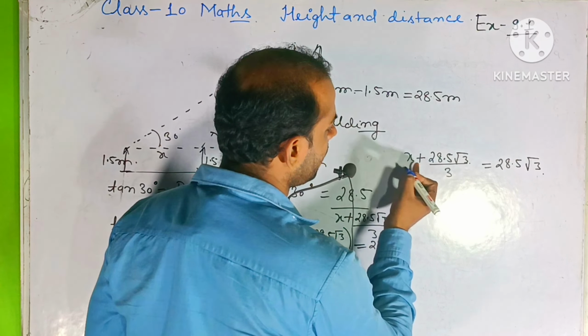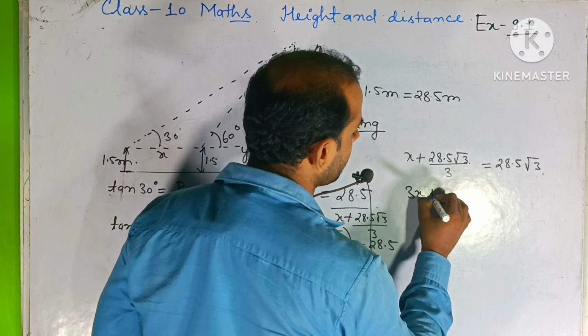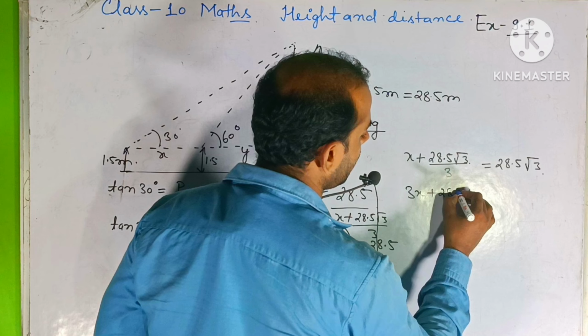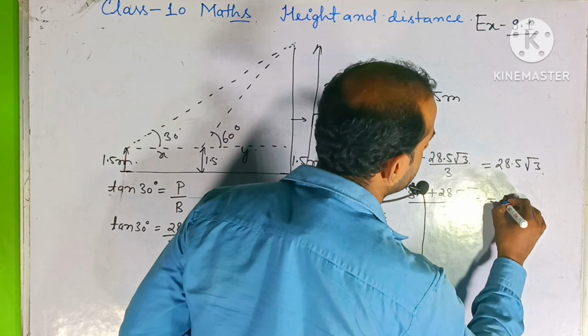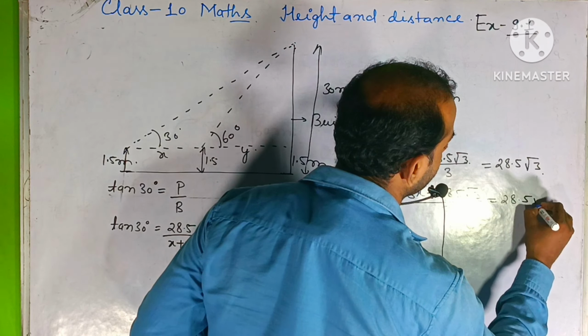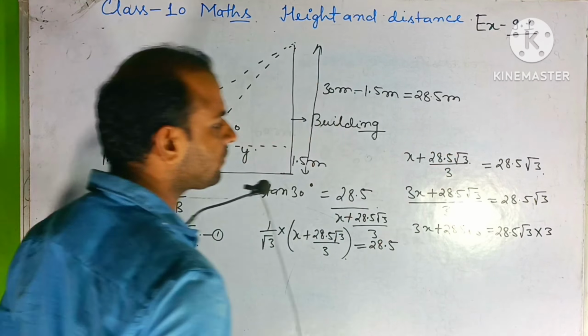I will multiply by 3: 3x plus 28.5 root 3 upon 3 is equal to 28.5 root 3. Now I think this is okay. We will take this 3 to the upside and multiply it. So 3x plus 28.5 root 3 is equal to 28.5 root 3 into 3.